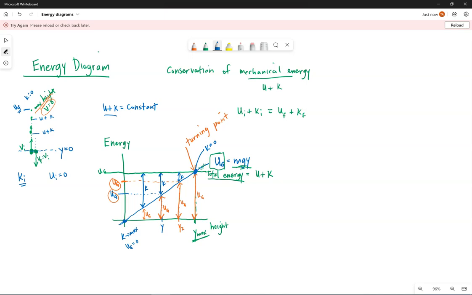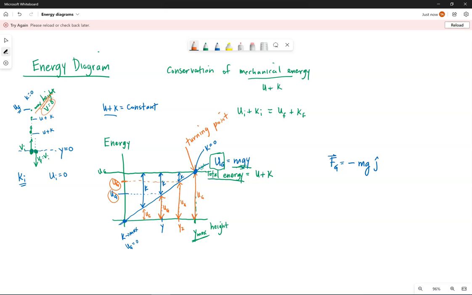Now, one other thing from this. We know gravitational potential energy is a way to talk about the energy in the system because of the force of gravity. We know the force of gravity points downwards with a magnitude of mg. So negative j hat is the direction, and mg, the mass times 9.8, determines how big the force is.